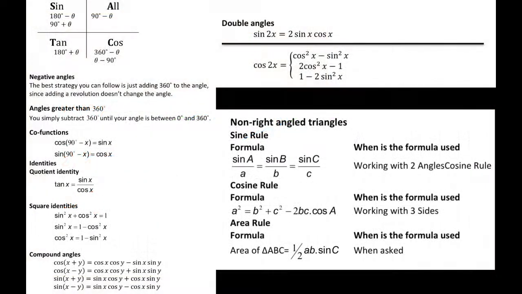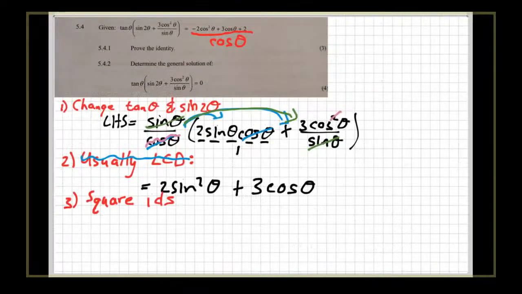I don't want to have a sin squared there. So let's go back to my theory. If I want to change sin squared x into cos squared x, I can use the square identity of 1 minus cos squared. So in other words, I can change this sin squared into 1 minus cos squared theta.